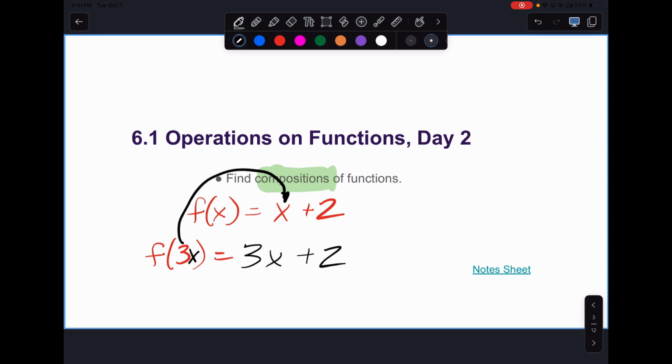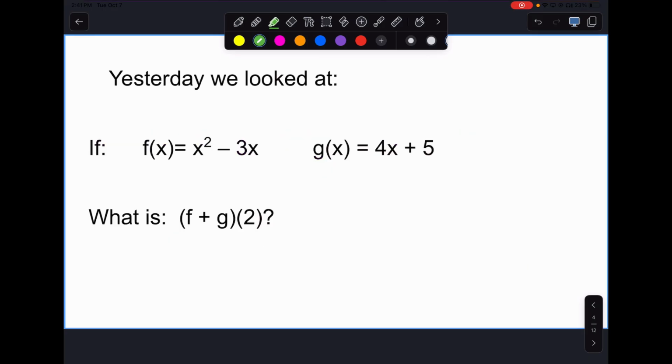I could make this 3x plus 1, and then everywhere that we see x, we have to put 3x plus 1 in. Now I would have to combine like terms, so it would be 3x plus 3. So what we put inside the parentheses for a function determines what our x value is, what our input is. That's really what we're going to build off of today.